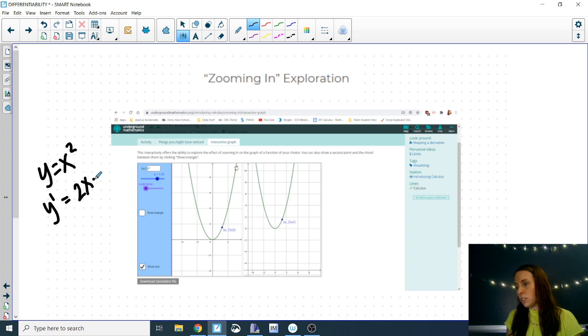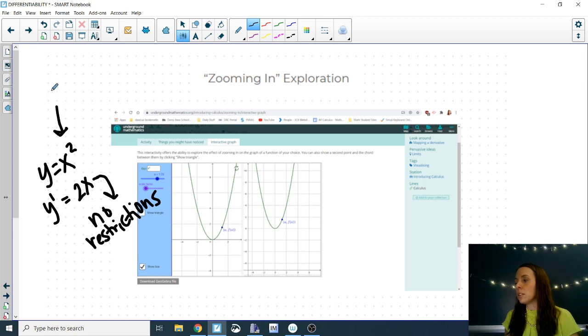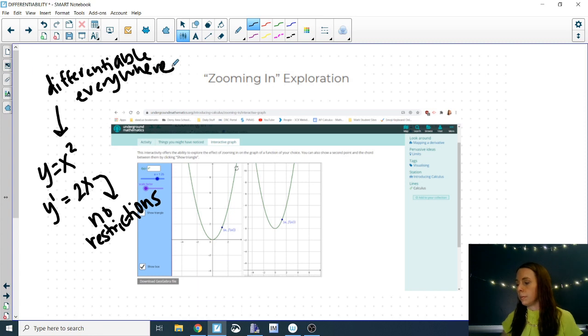Since it has no restrictions on 2x, that means that the function y equals x squared is differentiable everywhere. That's exciting, right? Just look at the derivative if you can, and no restrictions means it is differentiable.